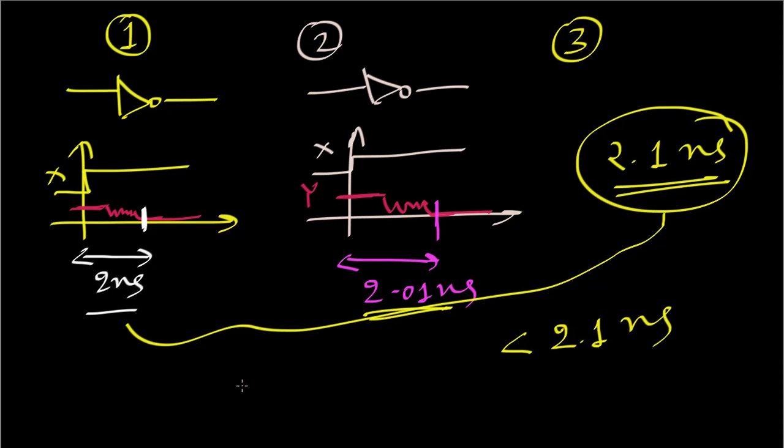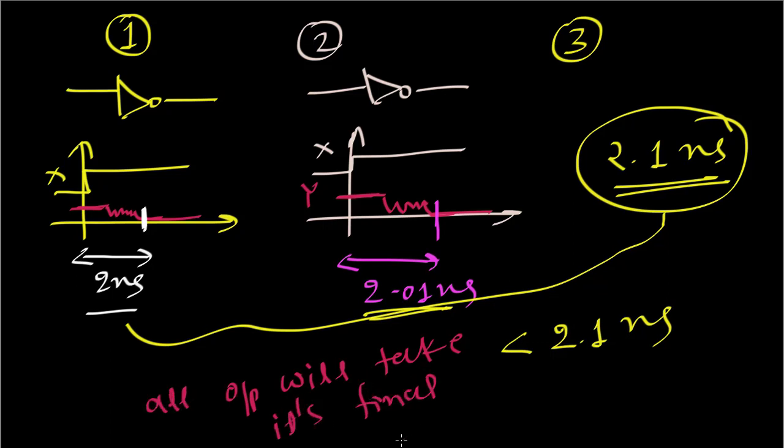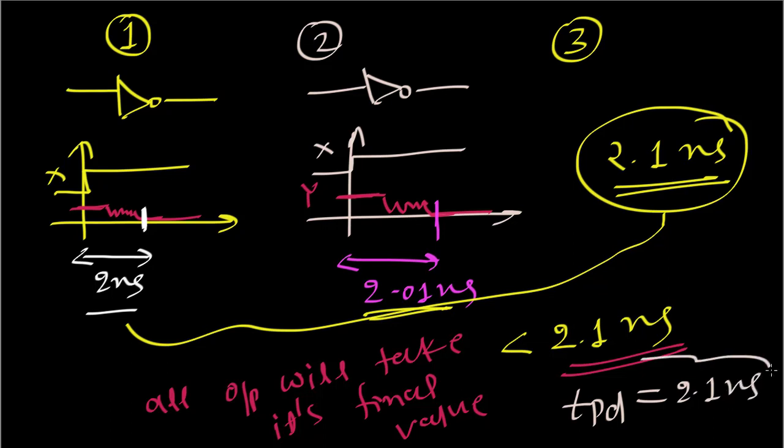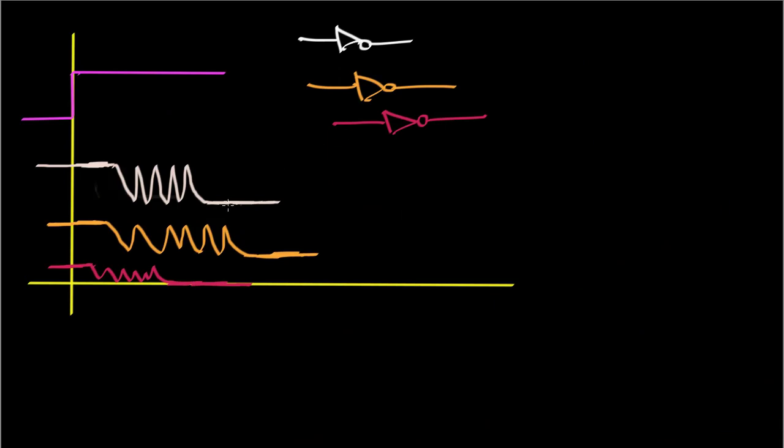We can write: output will take its final value in less than or equal to 2.1 nanosecond. So the manufacturer will say that my TPD is 2.1 nanosecond. This is the maximum amount of time taken by the output Y to get its final stable value. So now I have made the characteristics for the 3 NOT gates which we discussed.